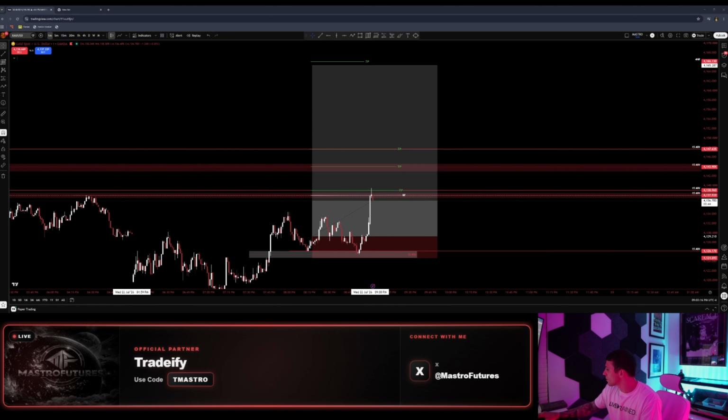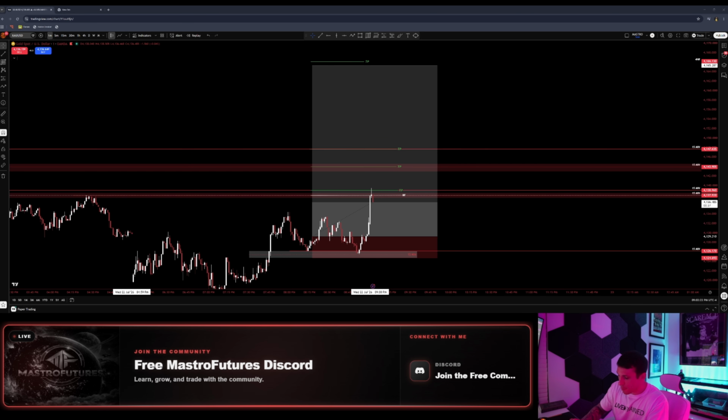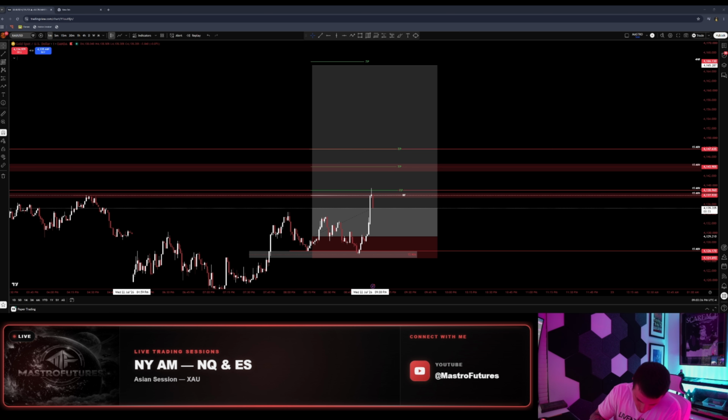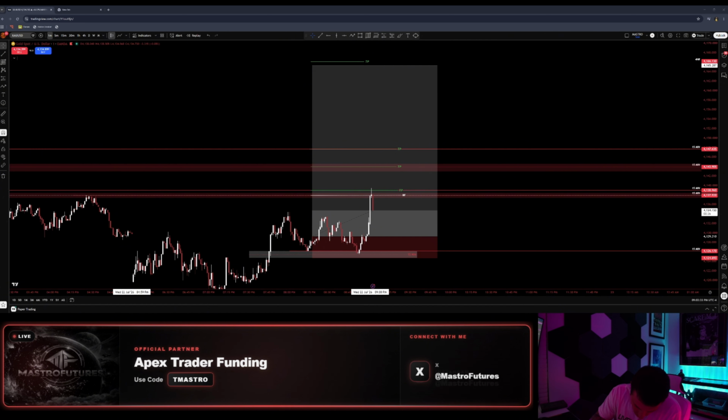Definitely a potential reversal spot. All right, let's see here. Let's see if this can hold.